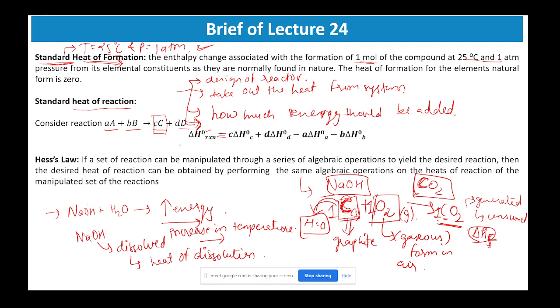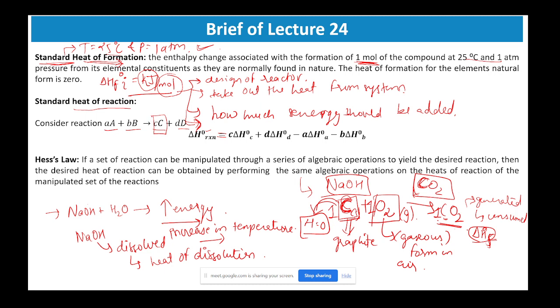here delta H F naught of any species i is in joules, or it can be in kilojoules per mole of that species. So this much amount of kilojoules of energy will be released for formation of 1 mole of that compound, because in the definition itself of the standard heat of formation, 1 mole of compound is formed.